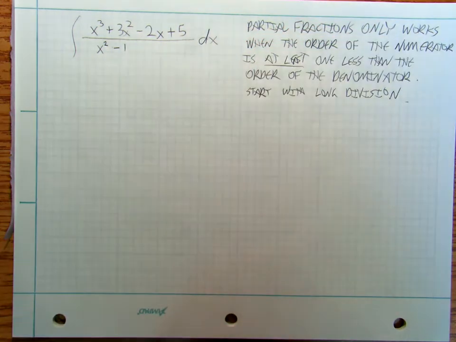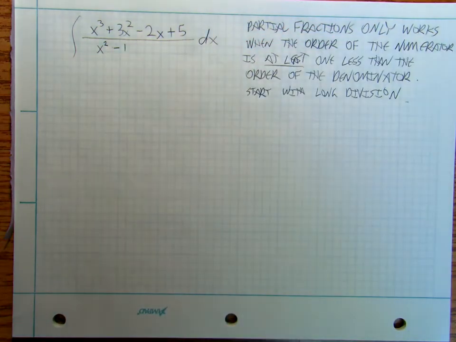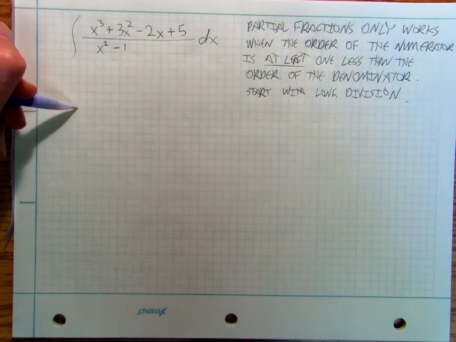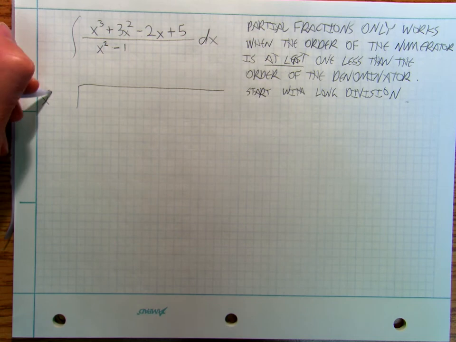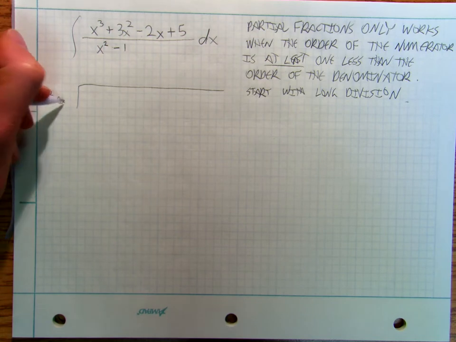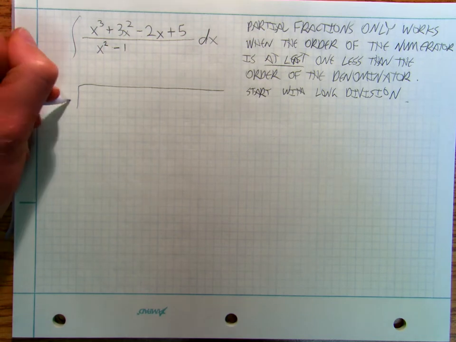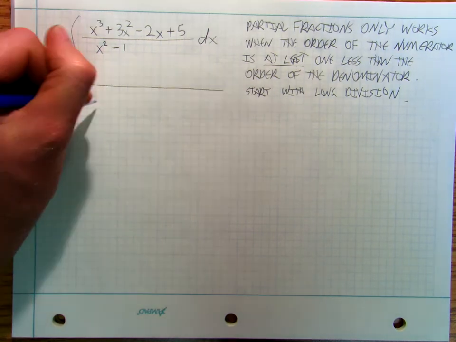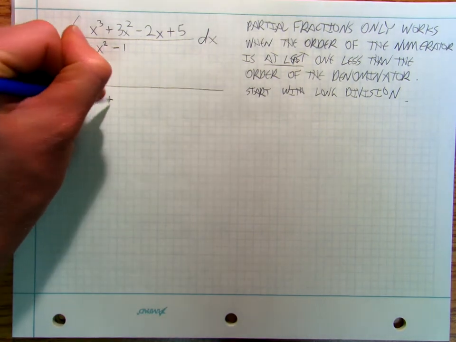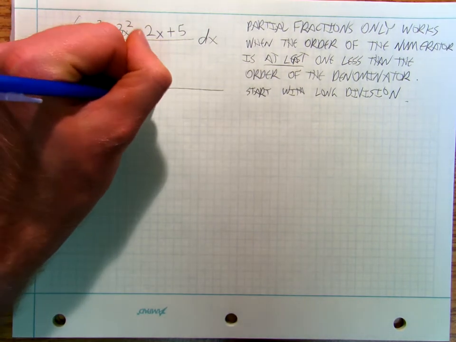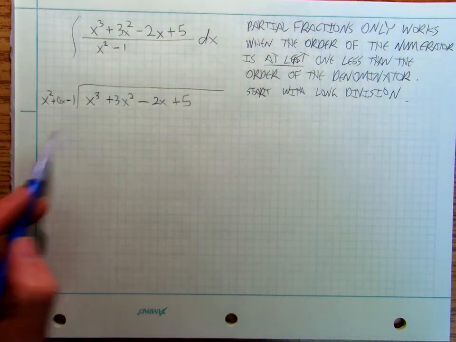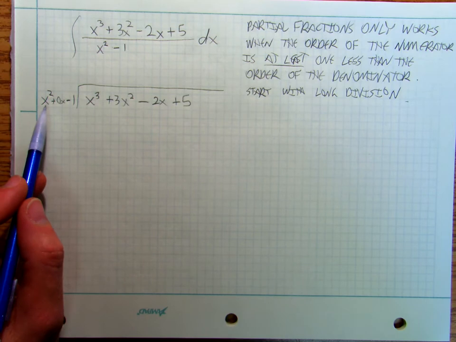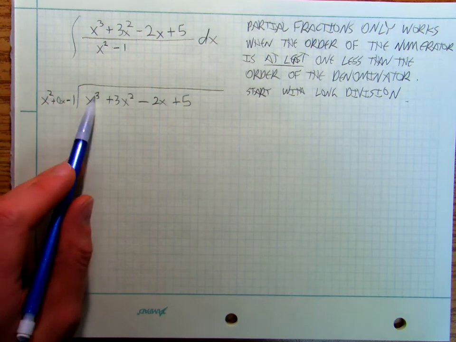It's probably been a while since you've seen long division of polynomials, so this is going to be another new one for you. So I'm going to do x squared plus 0x minus 1 into x cubed plus 3x squared minus 2x plus 5. What times x squared gives me x cubed?